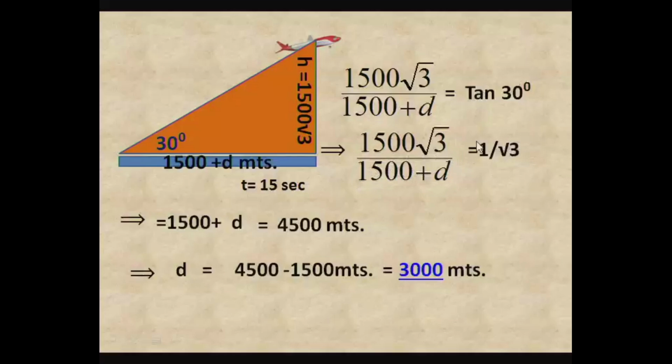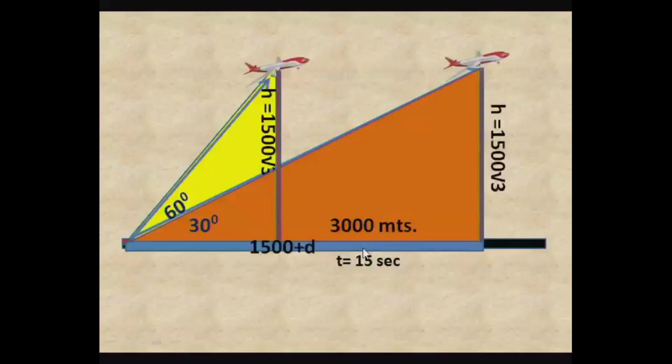Root 3 comes to this side, 1500 into root 3 is 4500, and 1500 plus d is equal to 4500 meters. Now, transposing this 1500 to that side, d is equal to 4500 minus 1500. Hence, the distance is equal to 3000 meters.